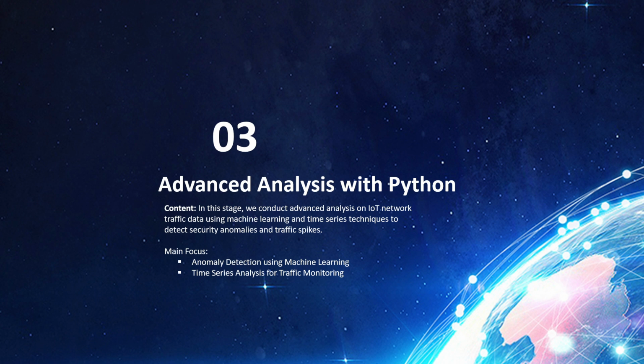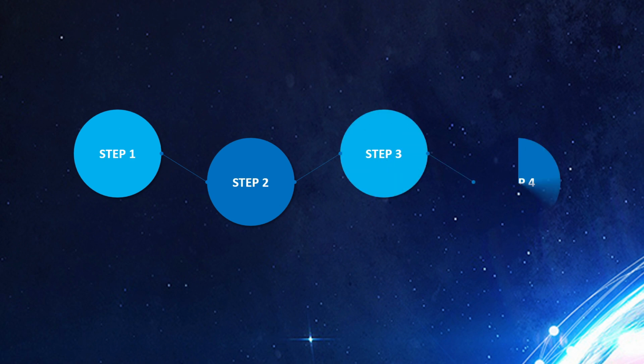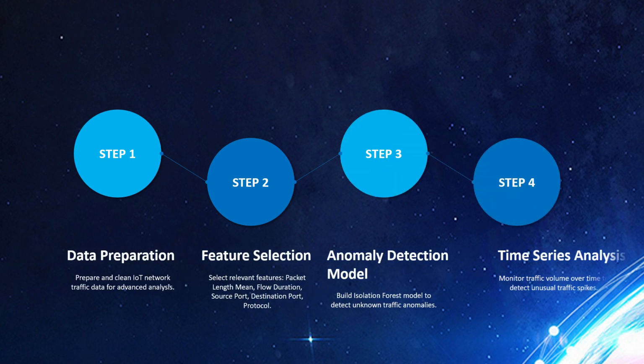In this final phase, we applied machine learning and time series analysis techniques to detect anomalies in network traffic. Our workflow followed a structured 4-step process. First, we performed data preparation to clean and structure the network traffic logs. Secondly, we conducted feature selection, choosing key indicators such as length mean, flow duration, source and destination ports, and the network protocol.